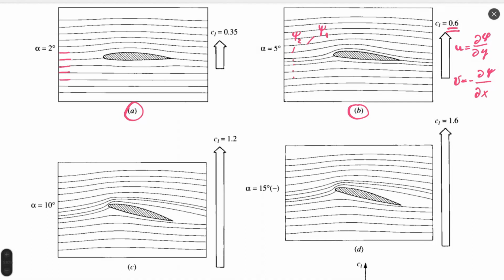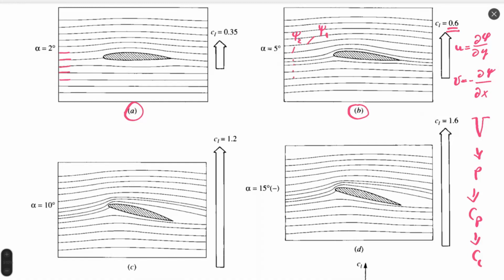After we have these two components, we calculate the velocity vector, and by the Bernoulli equation, we calculate pressure, pressure coefficient, and lift coefficient CL as a consequence. So once we know the distribution of streamlines, we know everything on this airfoil.